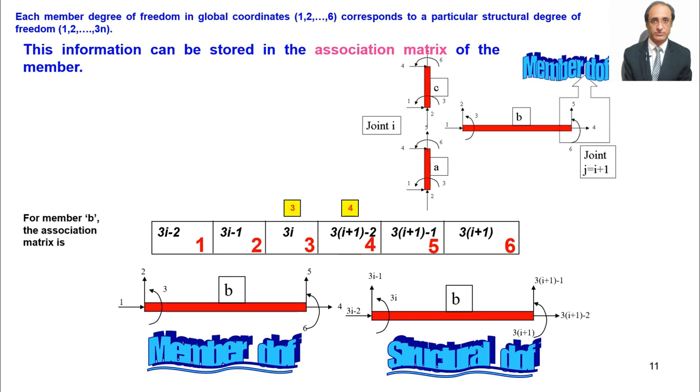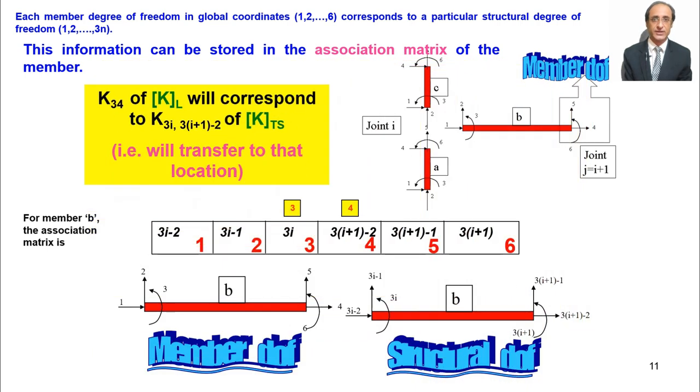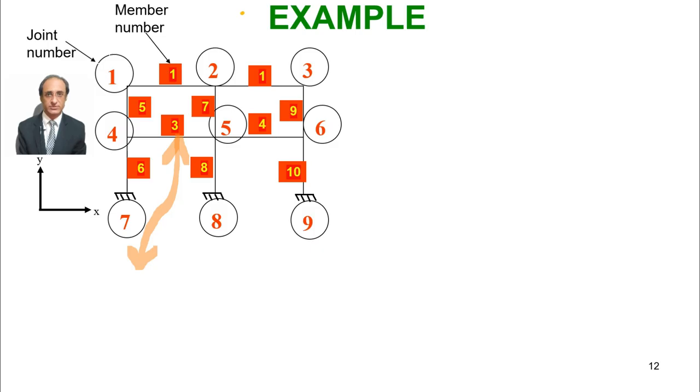That means K34 of this member corresponds to 3I plus 1 minus 2 of KTS. Right. So this is the correspondence between the member terms and the structure terms. And what have we made use of? We have just made use of the subscript, and we are storing the subscript information in this particular matrix.